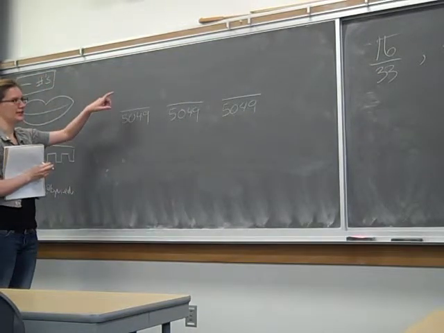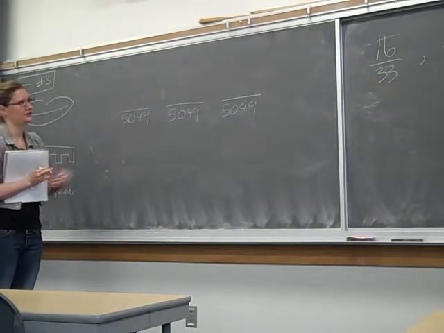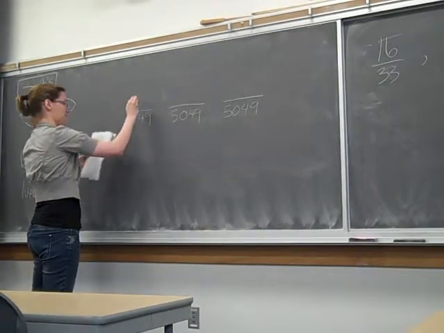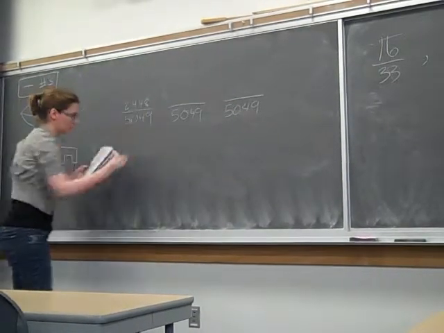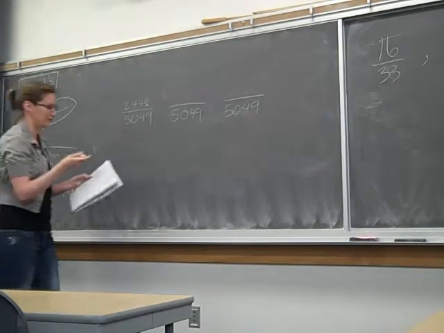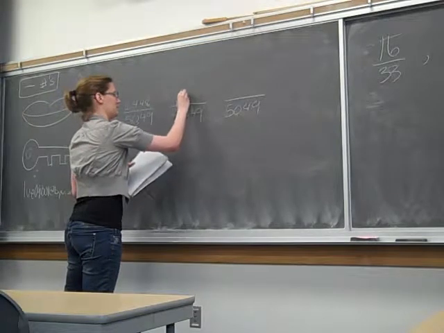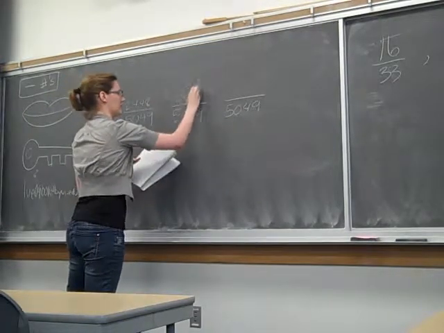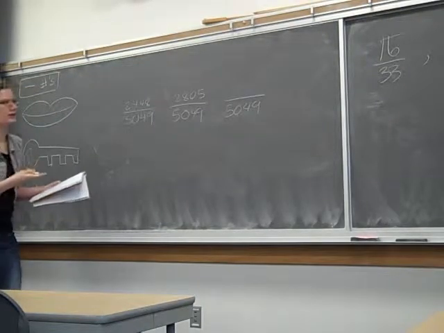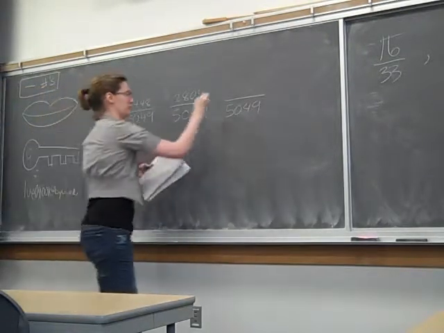So I took 16 and I times it by 9 and 17, and I got... and then I took the 5 and I times it by 33 and 17, and I got 5.